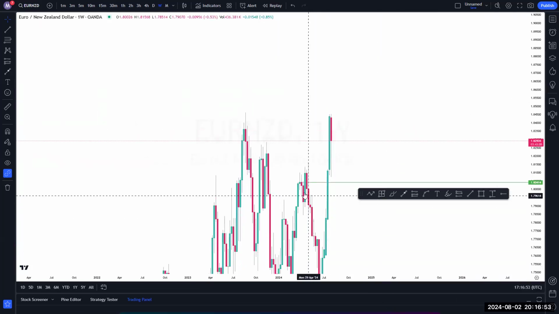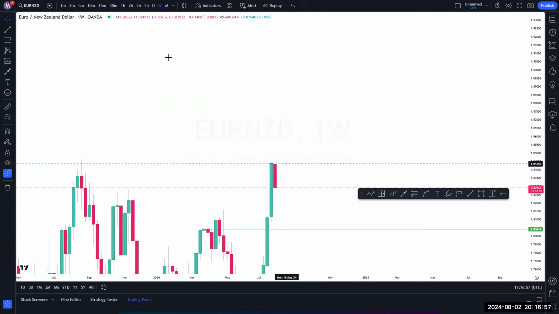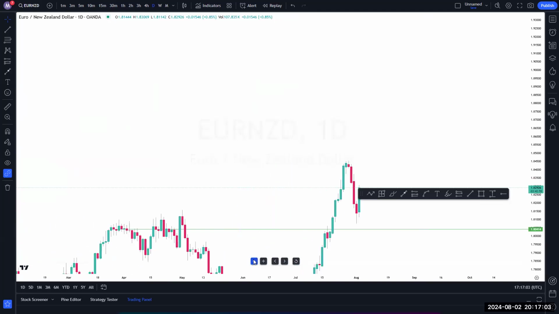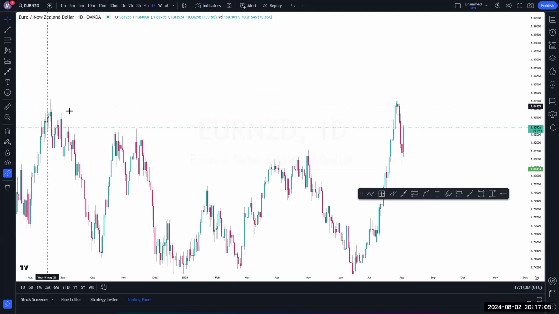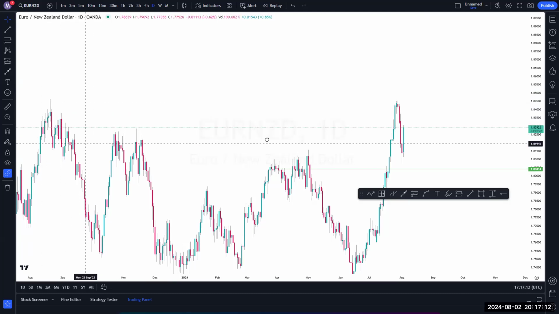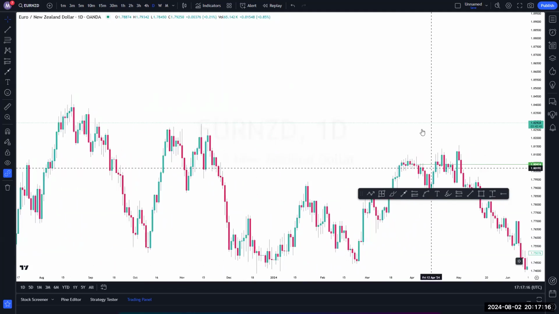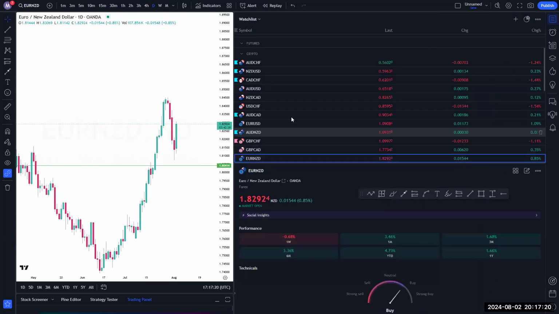On Euro NZ, we can clearly see on a daily time frame, price had this type 5 area of liquidity. It was the only area that was supposed to hold the entry on Euro NZ. So let's go on GBP NZ and see.